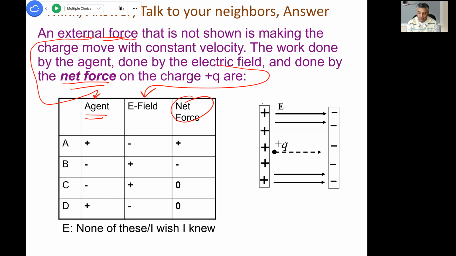The situation is this: there is a positive plate, a negative plate, and this positive charge we're talking about is moving with constant velocity, and based on this arrow, it is moving in that direction. You don't need to do math here, but you need to draw the direction of force and displacement to find the work done correctly. So let's do that.